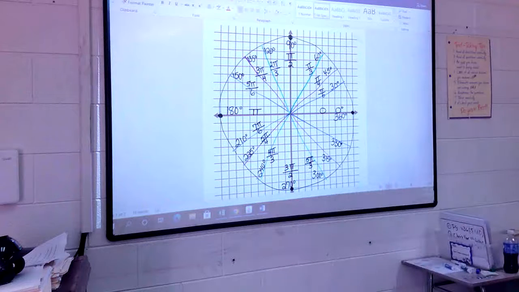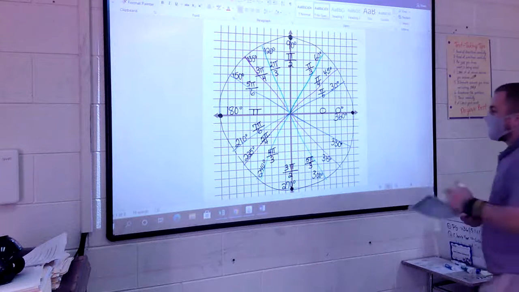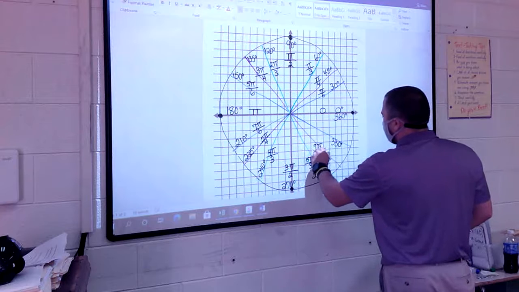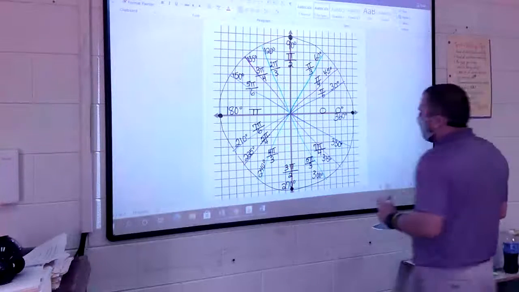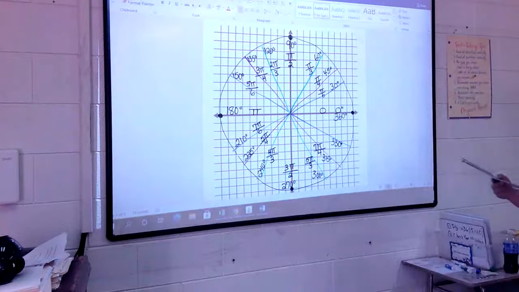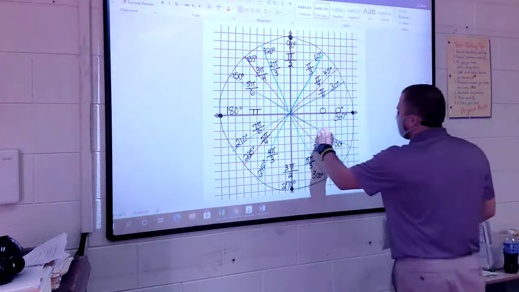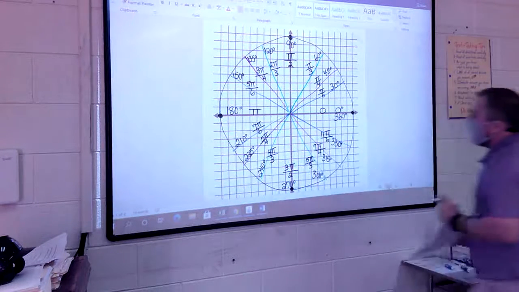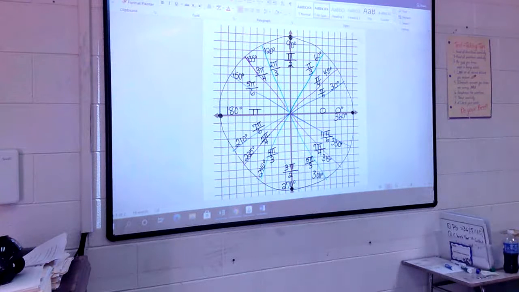315 divided by 180 is 7/4. So 7 pi over 4. 330 divided by 180 is 11 over 6. So 11 pi over 6. And then finally I get to 360 divided by 180.